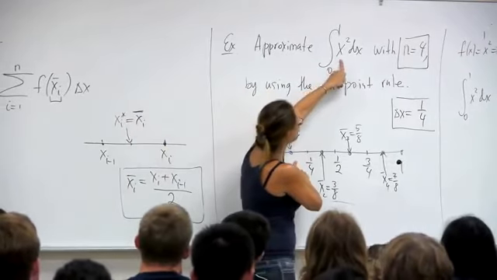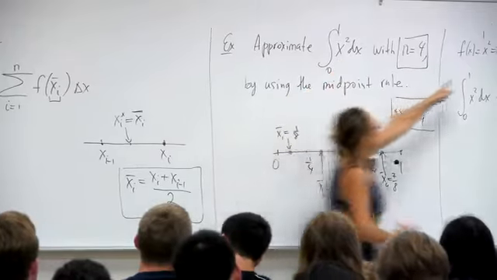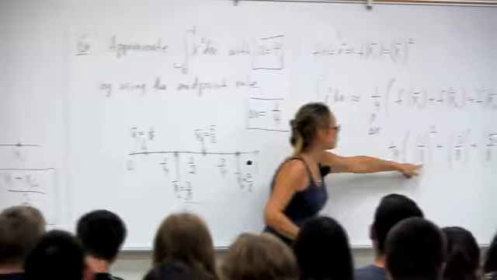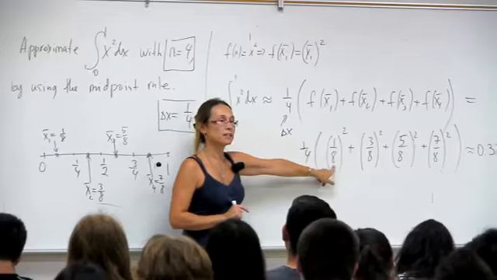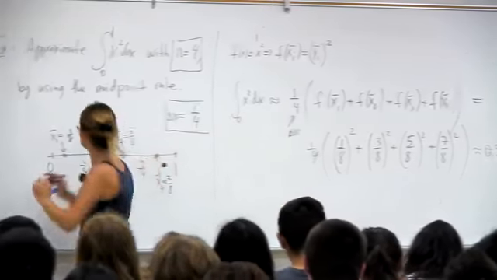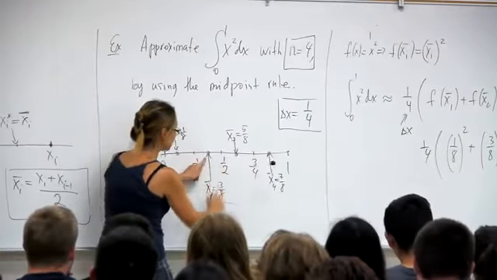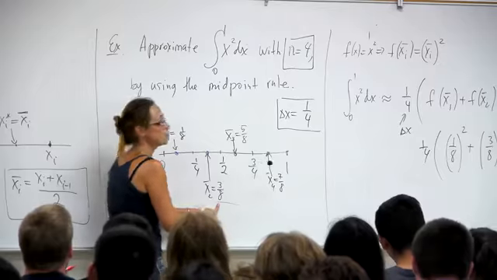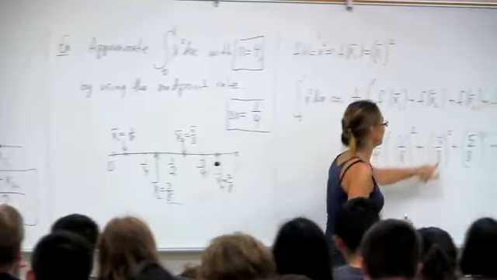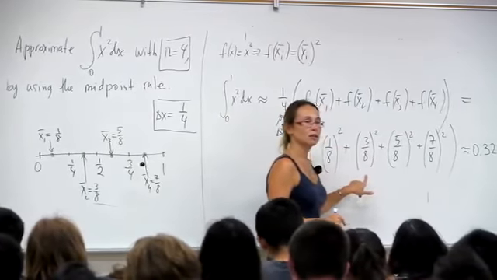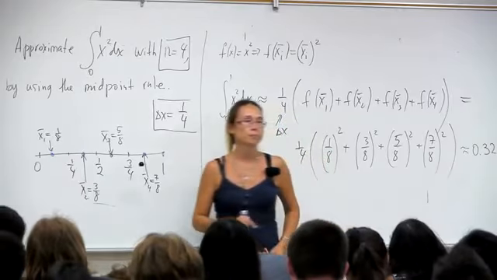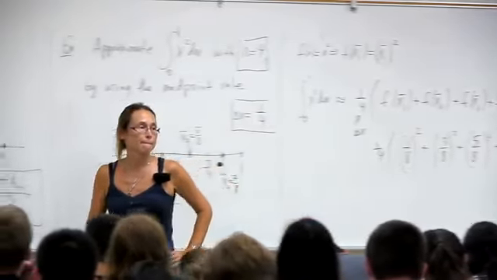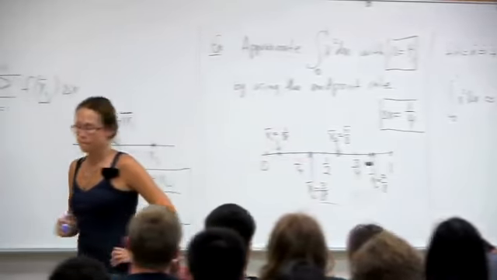The function is x squared, so the function evaluated at that point is 1/8 squared. That's the first term. Then I have to take the second interval. Its middle is given by 3/8. The function at that point is given by 3/8 squared, and so on. I add them up. More questions? Okay.